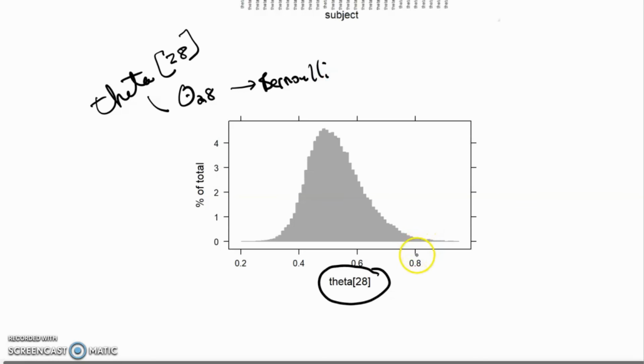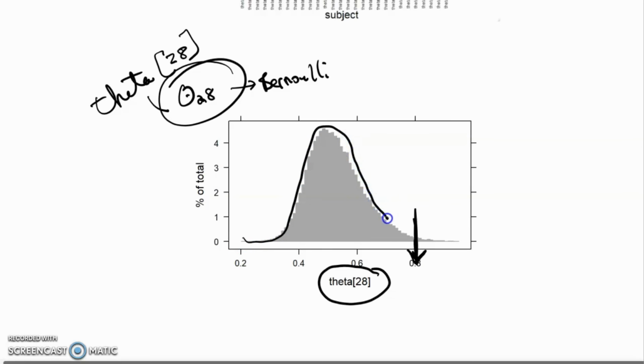So the raw value, therapist 28 managed to get 80% correct. But as a consequence of this Bayesian analysis, what's our best estimate, the posterior distribution of their Bernoulli parameter? Well, it's a lot less than that.